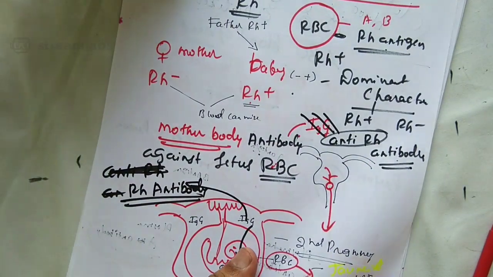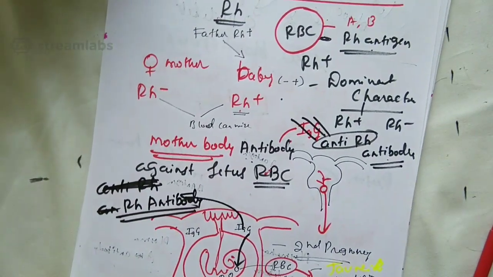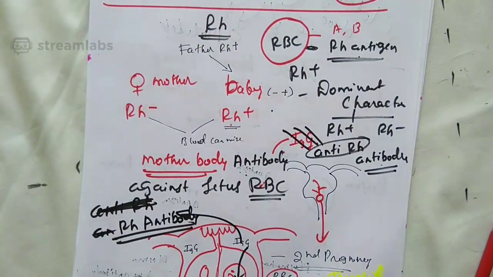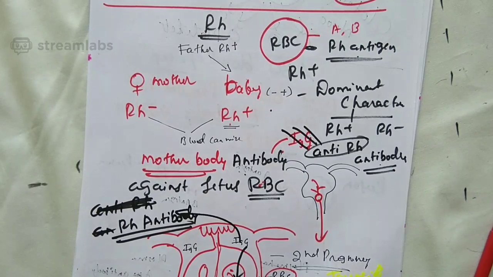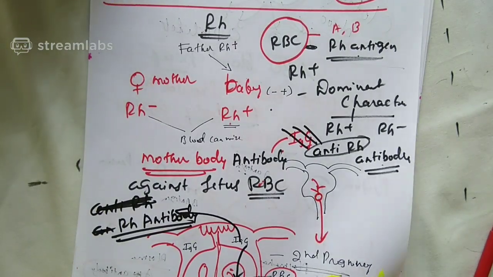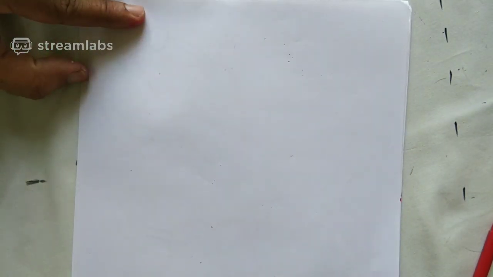So that is regarding the Rh incompatibility. Mother is Rh, tell me what, negative, and baby is Rh positive. In this condition, there's a chance of Rh incompatibility. With that, I have finished Rh incompatibility. I hope that you have understood that.